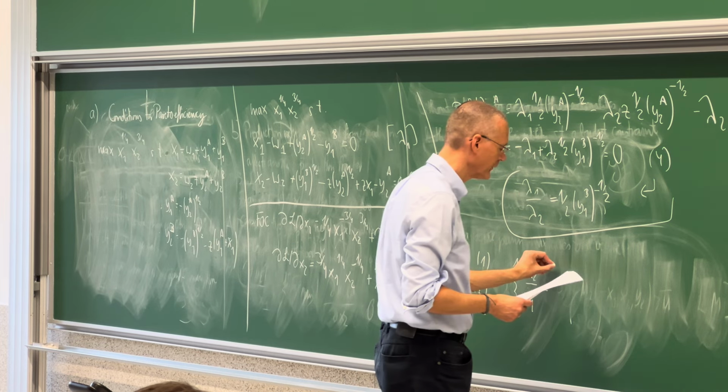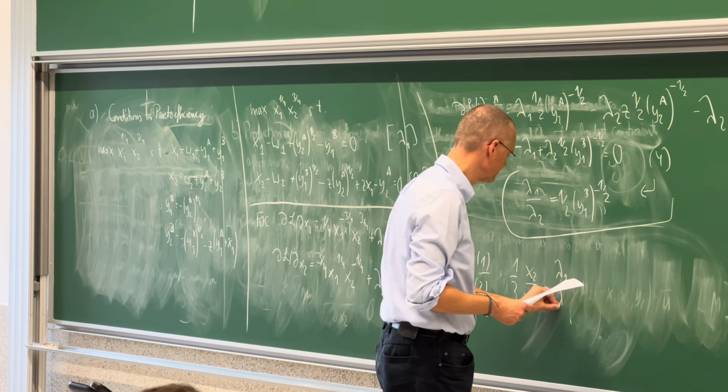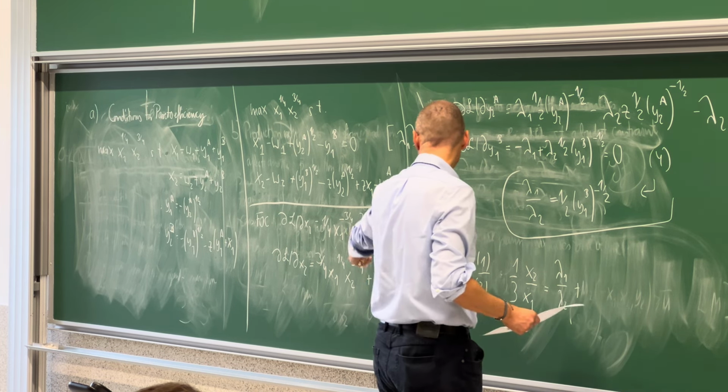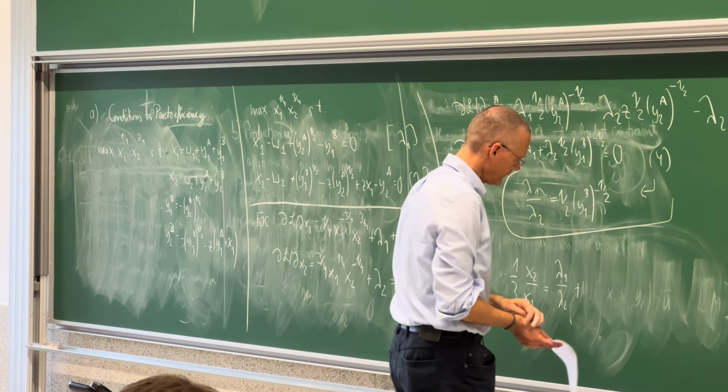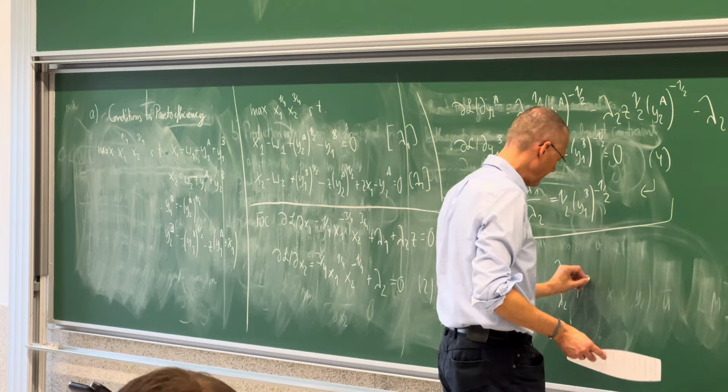Lambda 1 over lambda 2, and this one plus lambda 2 over lambda 2 times zeta. So the lambda 2 you cancel out, and we have zeta left.